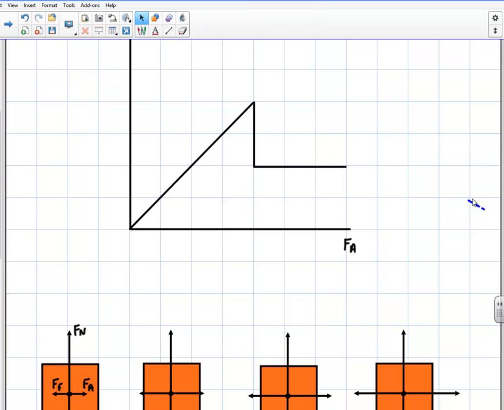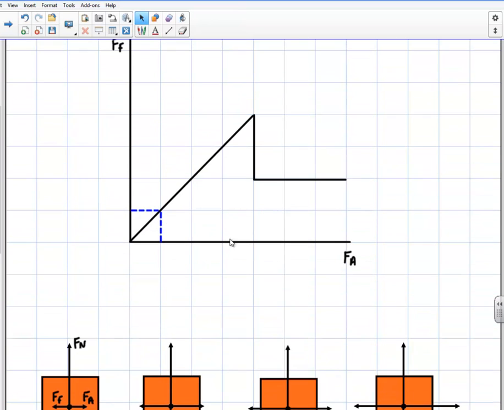So here's the first situation. I have some force applied along this axis, and then friction is going to actually match my force applied. So for example, if I put a force on this box of, let's say, 10 newtons, friction is going to push back with 10 newtons.